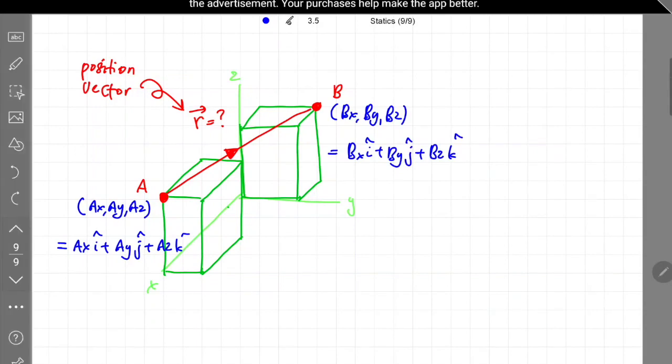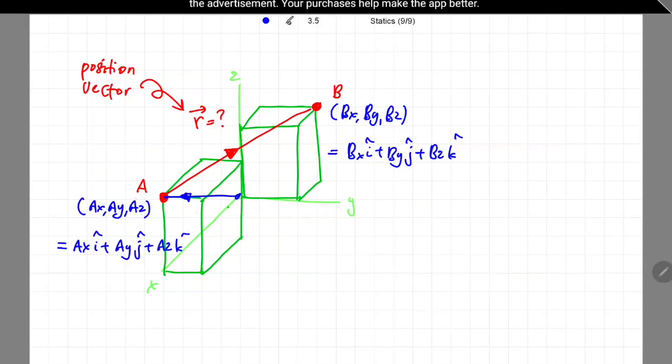Okay. The line of the A vector would look like this. It starts from the origin and then it is directed towards point A. So that is our A vector. Similarly, the B vector starts from the origin and then zoop, dia jalan terus pergi ke point B. And this will be our B vector.